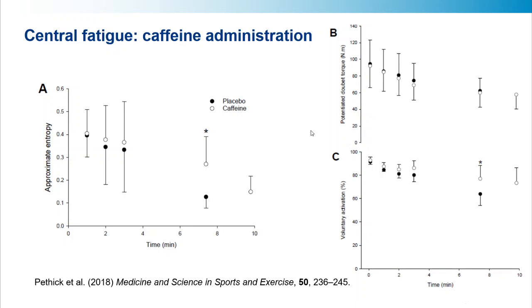This was associated with no differences whatsoever in peripheral fatigue throughout these bouts of exercise. So peripheral fatigue developed to the same extent in both cases. What was different was the voluntary activation, our measure of central fatigue. So voluntary activation was better maintained with caffeine compared to placebo. In other words, although peripheral fatigue appears to be the major player in the reduction in complexity with fatigue, central fatigue is also a contributor.